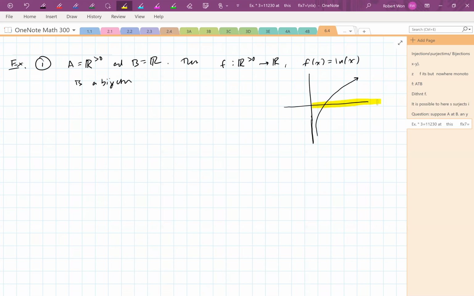We actually already discussed that it's an injective function and it's surjective when you consider it as a function from R greater than 0 to R. And this set is a strict subset of this set. So even though this seems like a smaller set than this set, you can still find a bijection between them by taking the natural log.